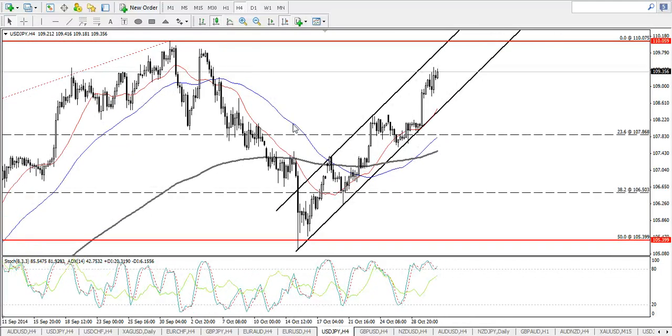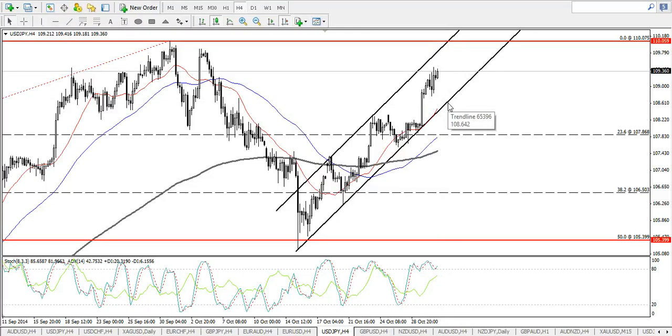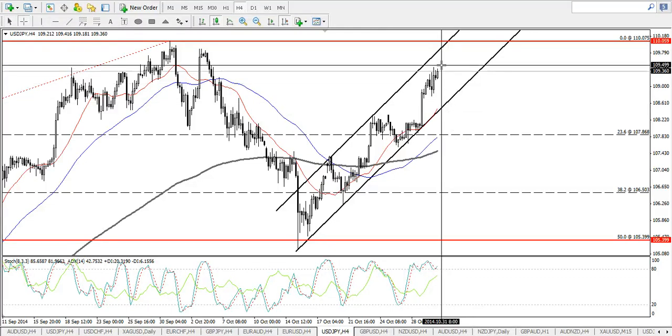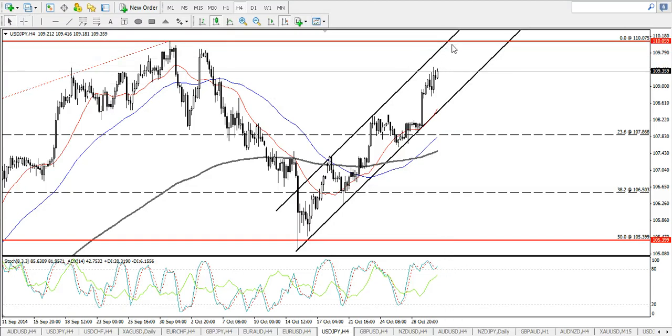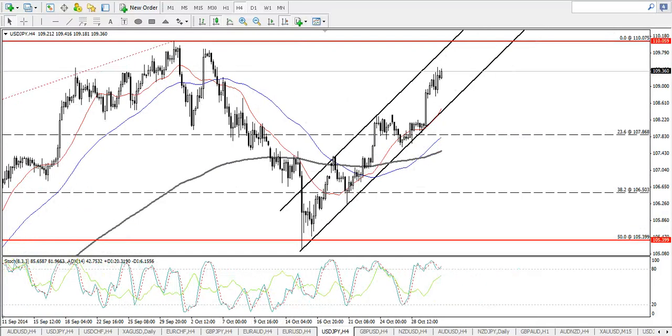There's nothing much we can do here, because we are not going to chase the trend, but rather wait for price to touch the previous high, unless it retraces and touches the bottom of the rising trend channel again. If not, we're not going to do anything. Just wait for price to touch the previous high and maybe trade the retracement, or wait for the right retracement level to go for a long opportunity again. So that is for the dollar against the yen.